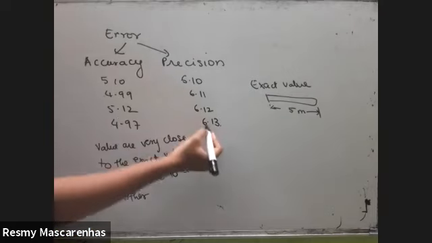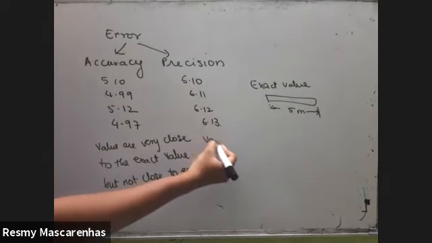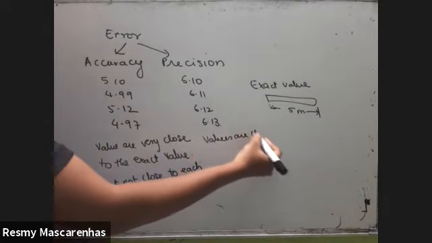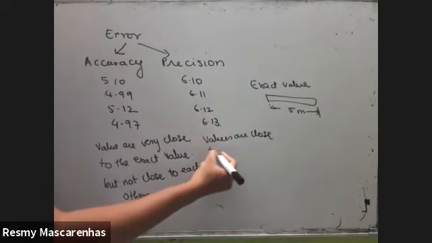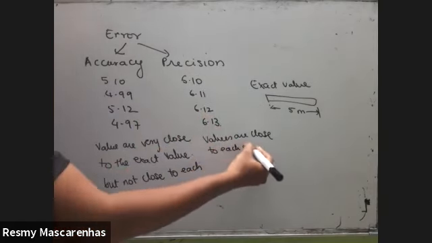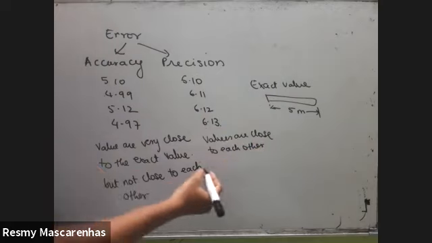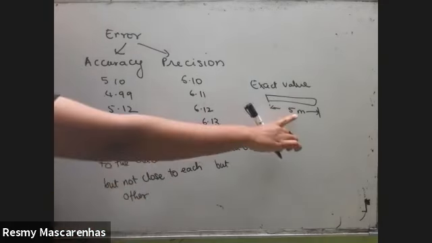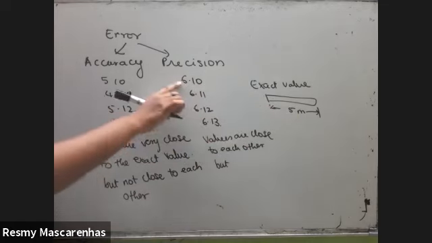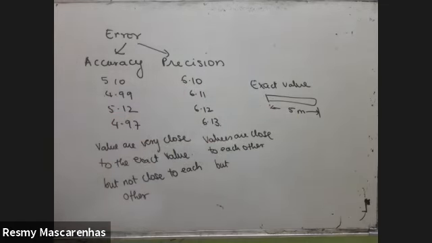And over here, what is the difference? Values are close to each other among themselves, but very far from the exact value. This is like 5 meter they are showing, and this fellow is telling 6 meters. So 1 meter difference is a big difference.